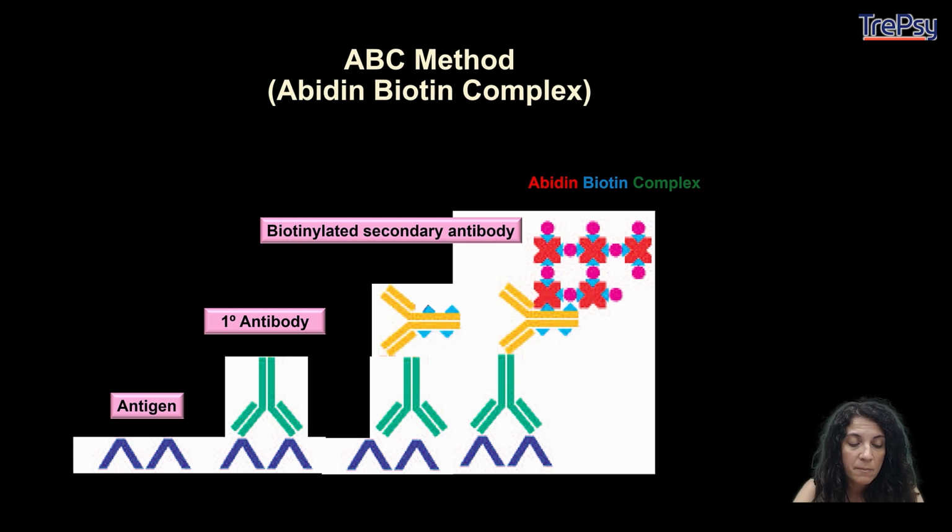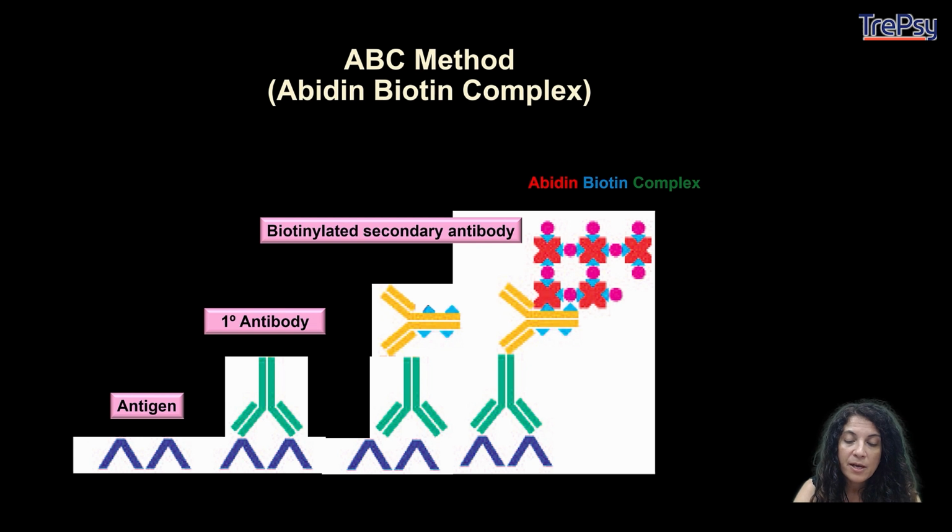First, I have my antigen, I put my first antibody, I put my second antibody, but my second antibody is biotinylated, with biotin. And you prepare a solution with avidin-biotin complex, and the enzyme binds or labels my avidin.